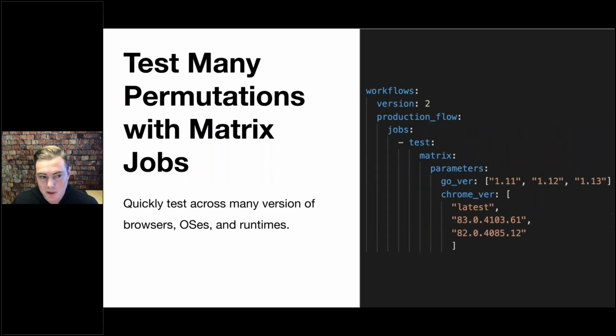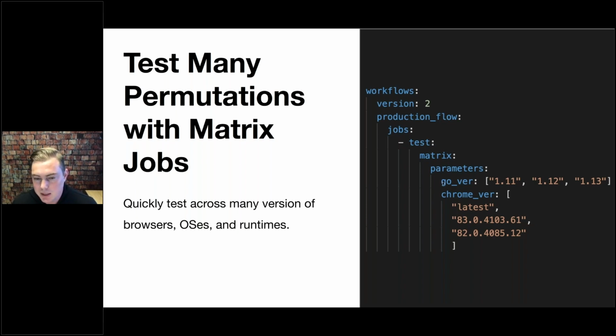So one other topic I want to talk about, which I'm going to be showing in my demo, is something called matrix jobs. Matrix jobs allow you to take a job that would normally just be run as a single job and then start running it with multiple different permutations.